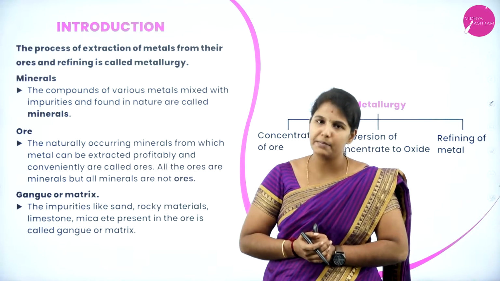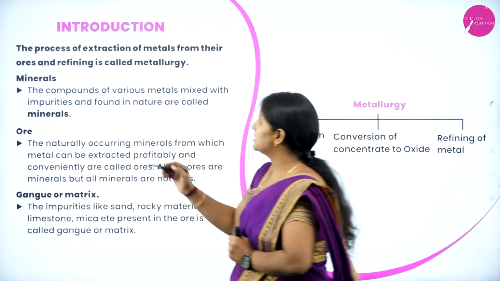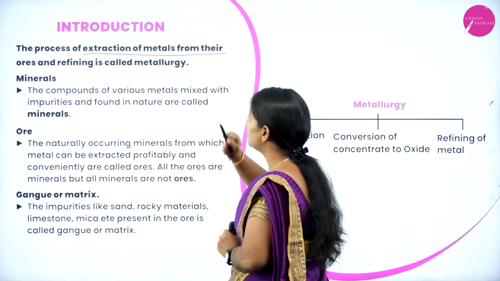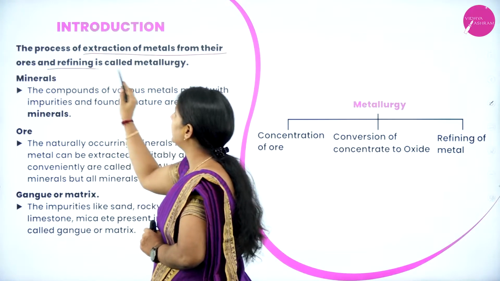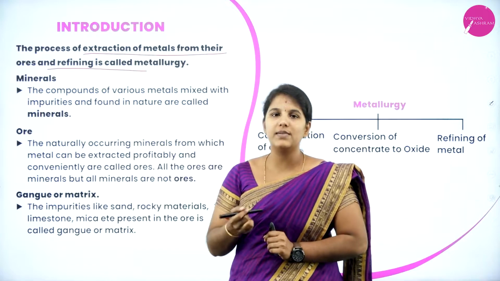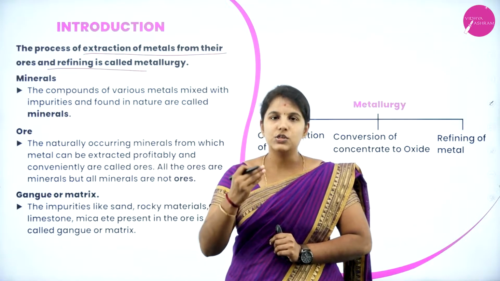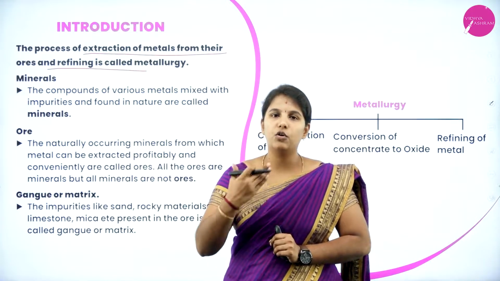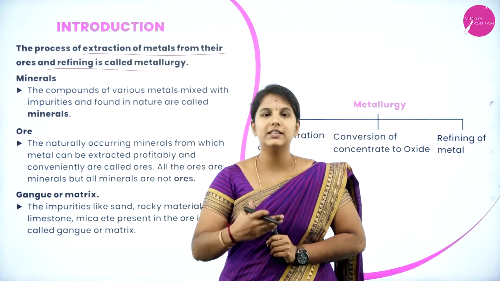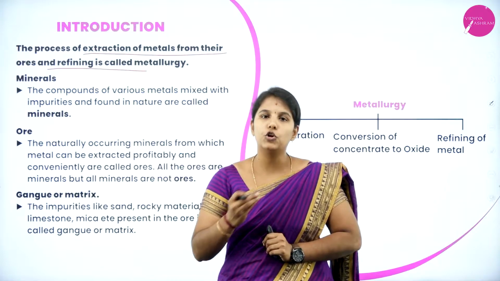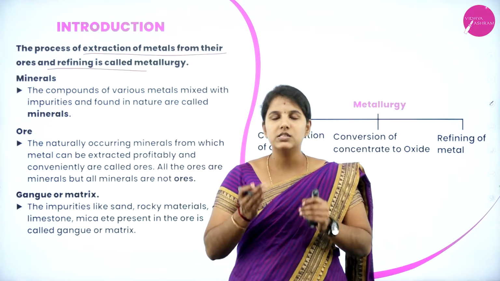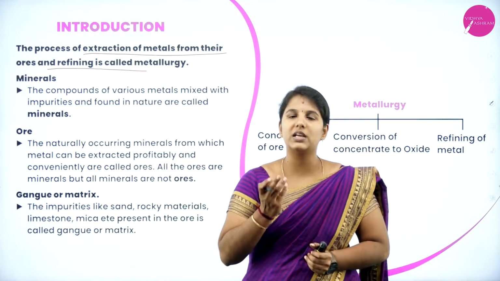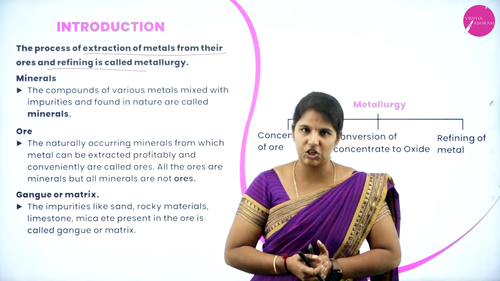It is a process of extraction of the metal from the ores and refining it. Refining means purification. So after obtaining the metal from its ore, we go for the refining process, that is a purification process to obtain the pure metal. Such a branch of chemistry is known as metallurgy.